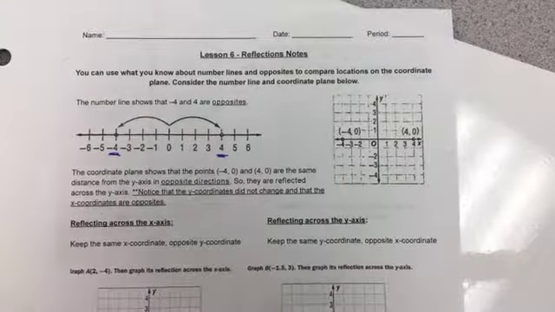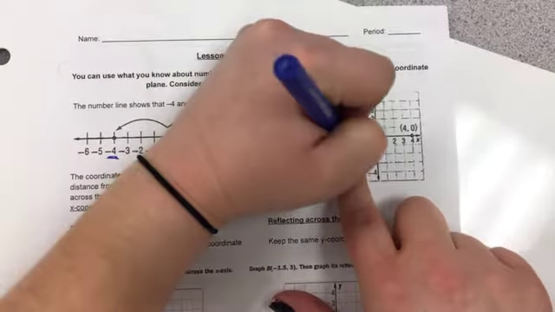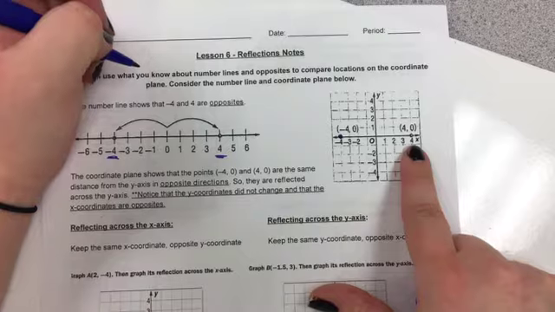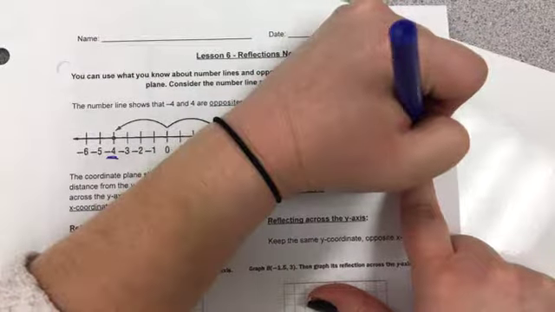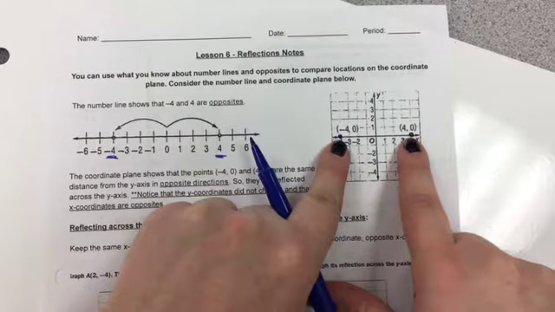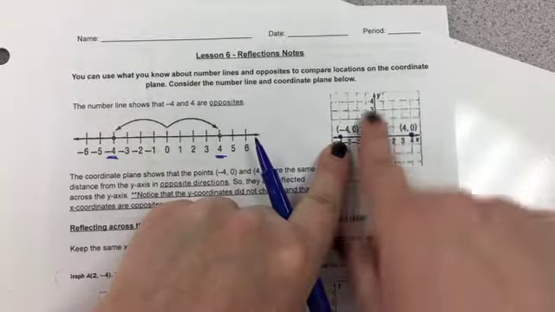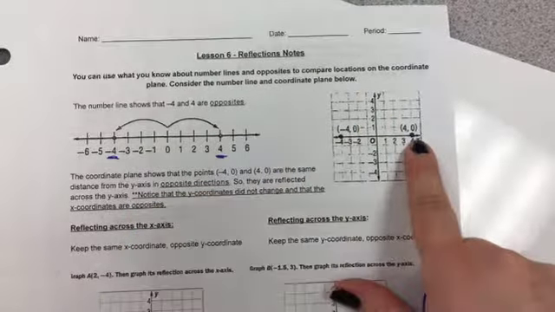Well, if we look here on a coordinate plane, if we've got the coordinate point -4, 0, and we've got the coordinate point +4, 0, we can say that these two are opposites because they're both 4 units away from the origin or the y-axis on our coordinate plane.